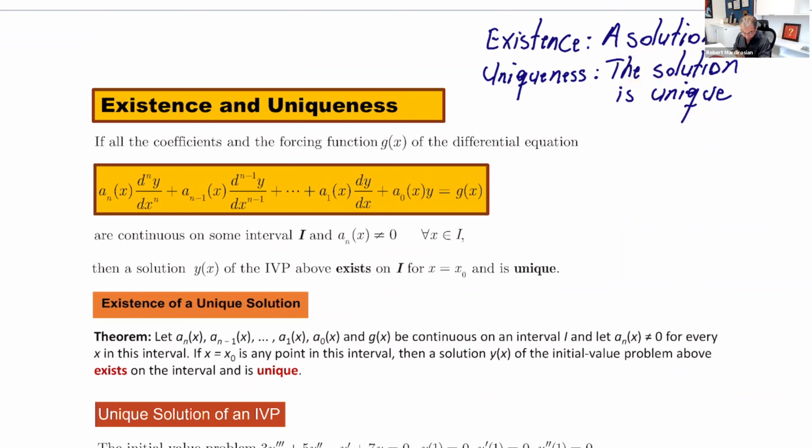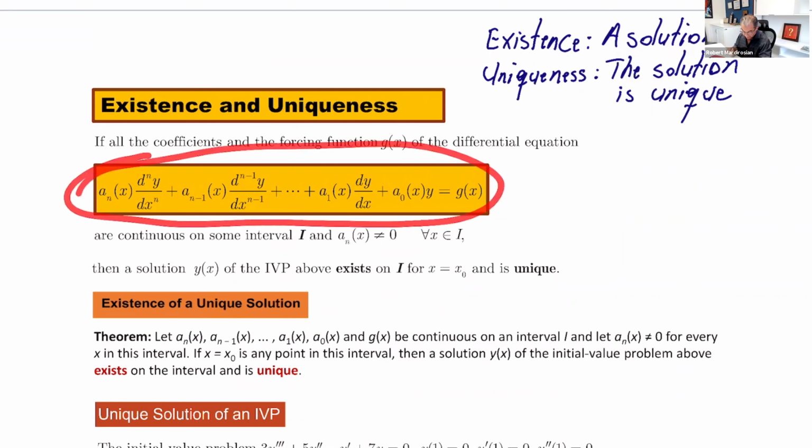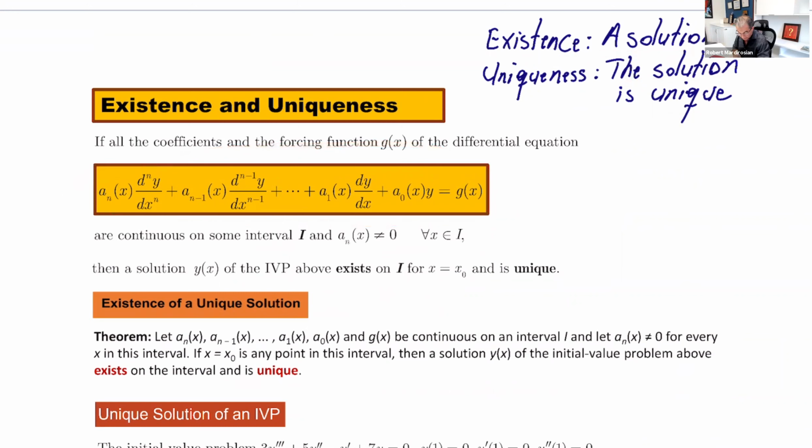When you have an nth degree differential equation like this, what you need to check to see the existence of a unique solution is, first of all, these functions a sub n of x have to be continuous on the interval I, and also g of x has to be continuous. And if x equals x0 at any point in this interval, then you have the initial values for x equals x0. If that exists, then the solution exists.